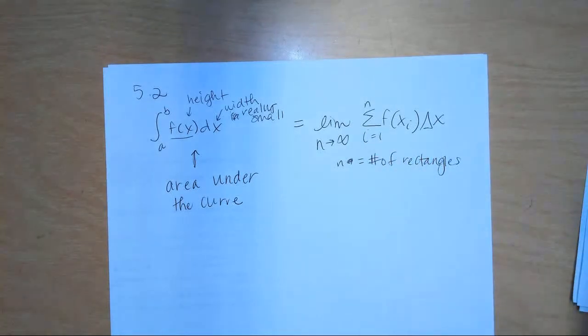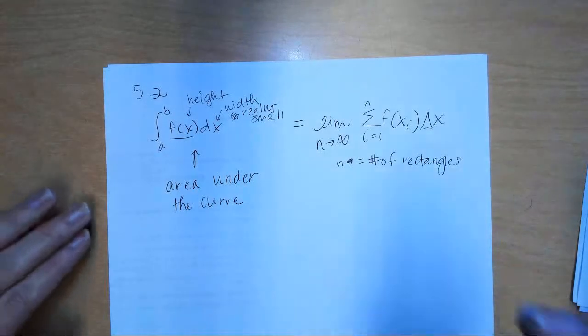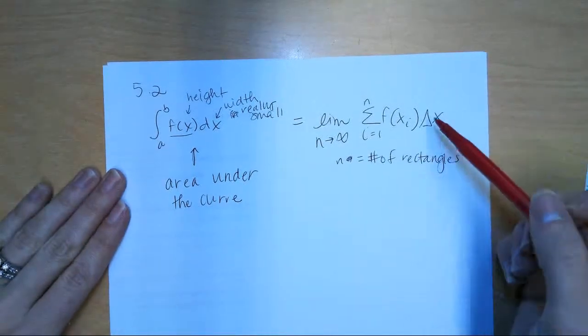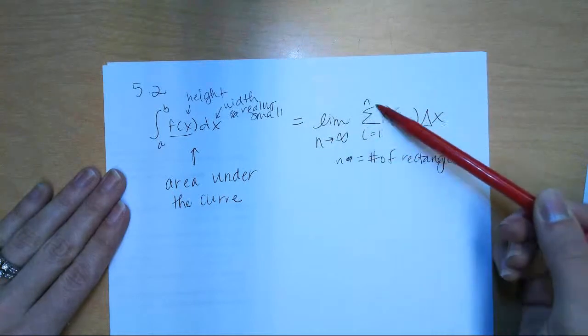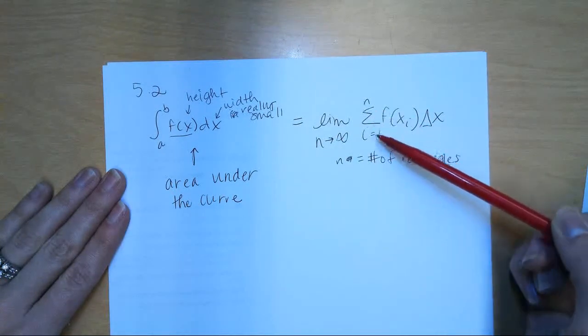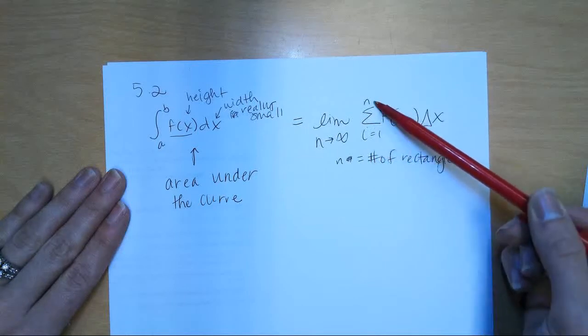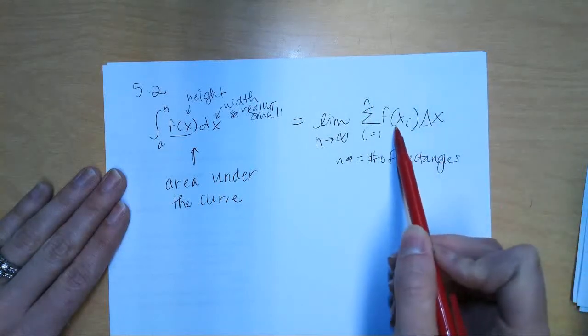Here, this one works a little bit better. The limit as n approaches infinity of the sum, this is like a sigma, of i equals 1 to n of f of x sub i times delta x.